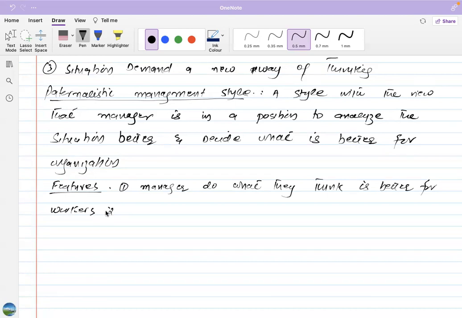They do consult. It's not that it's an autocratic style and they are not consulting with the workers. They are consulting with the workers, but making the decision that they want. They do consult with workers, but the decision is their own.